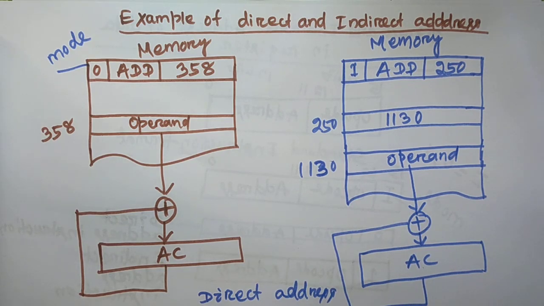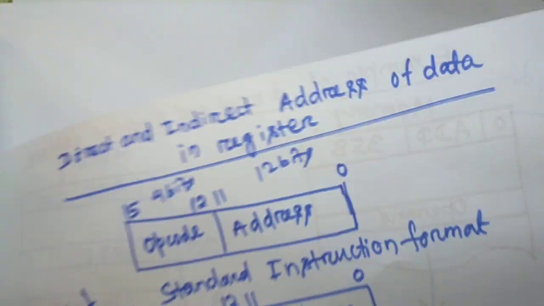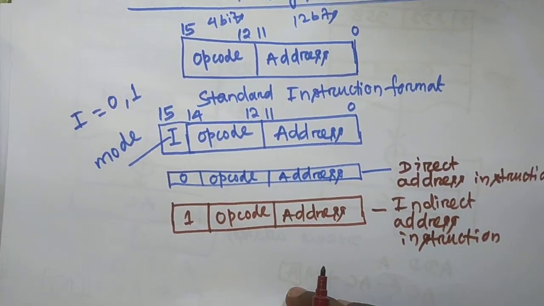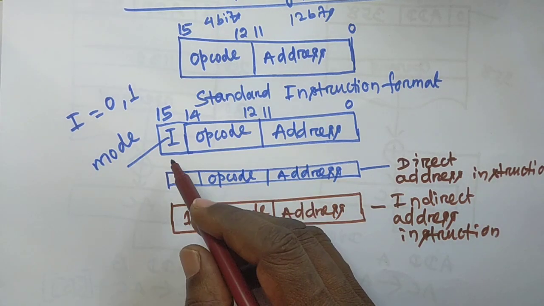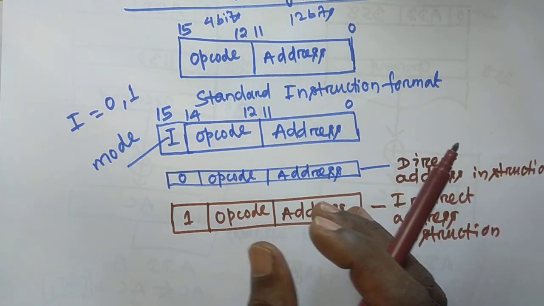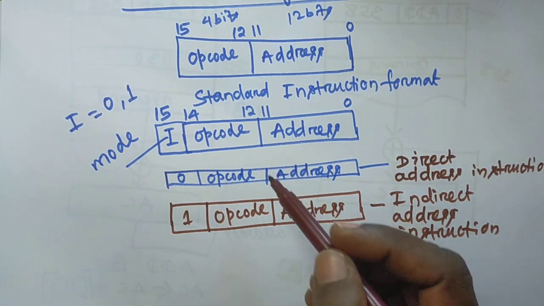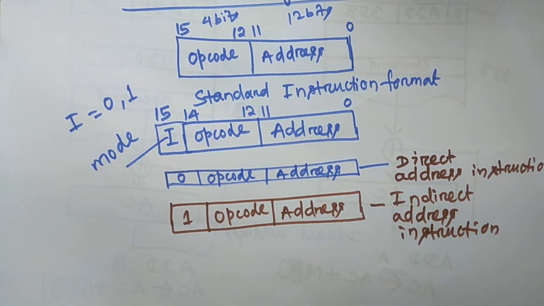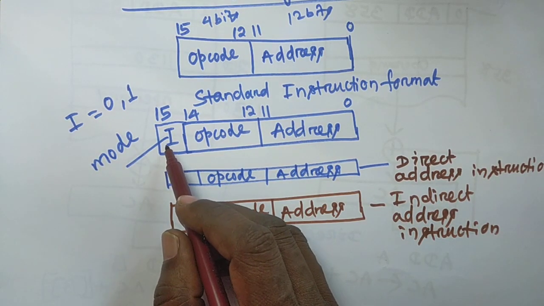Previously we have already discussed direct and indirect address in this way. Now we see how to find out direct and indirect address. Any instruction format normally has two parts initially, but with direct and indirect address, the instruction format is divided into three parts, and one part is defined for mode.